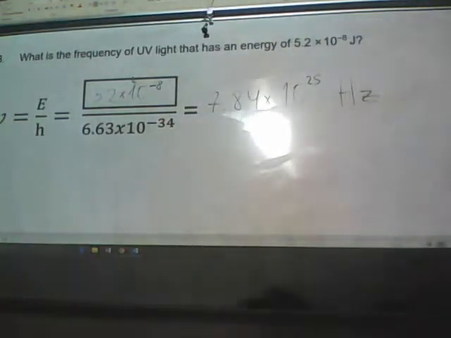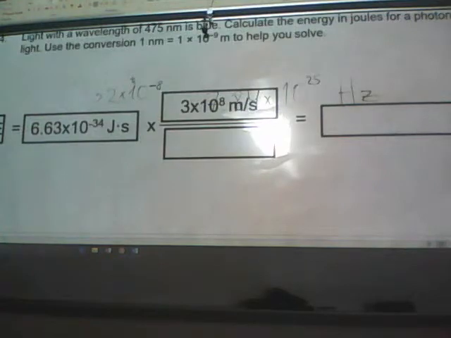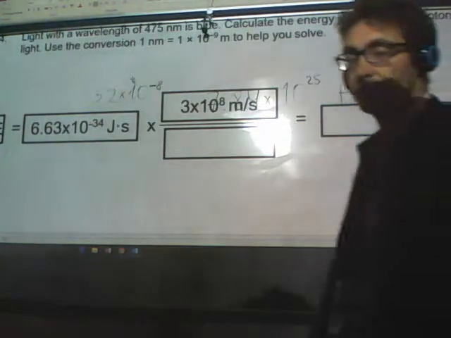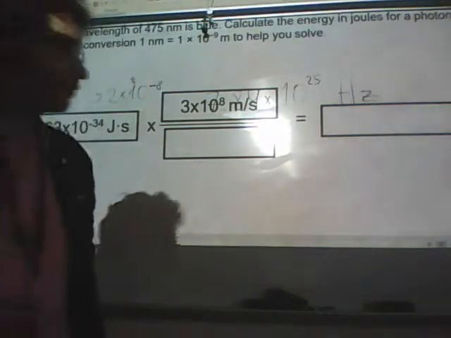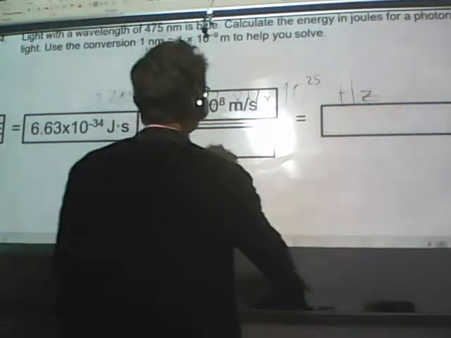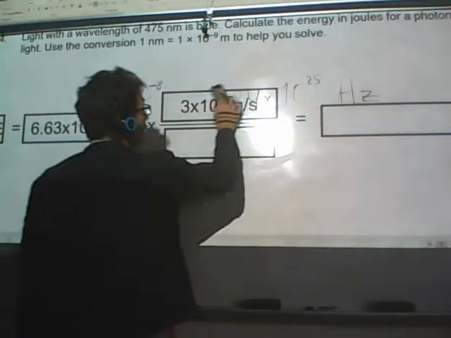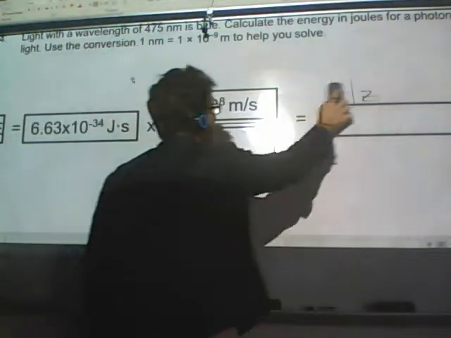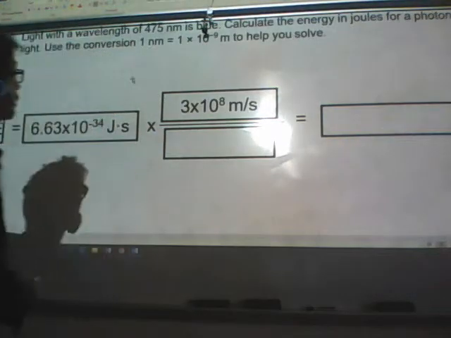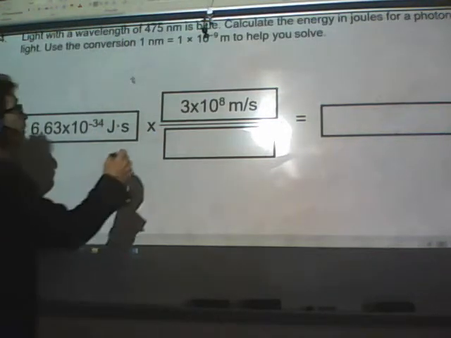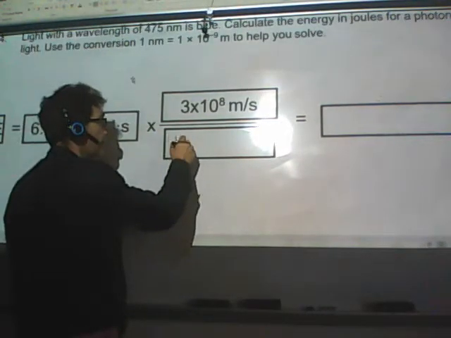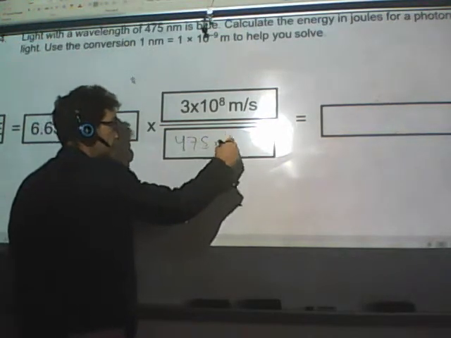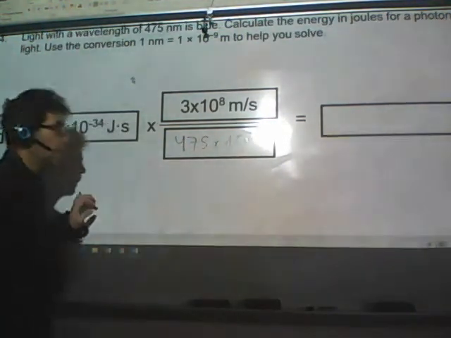Next one. Light with a wavelength of 475 nanometers is blue. Calculate the energy in joules for a photon of blue light. So nano is by 10 to the power of minus 9.